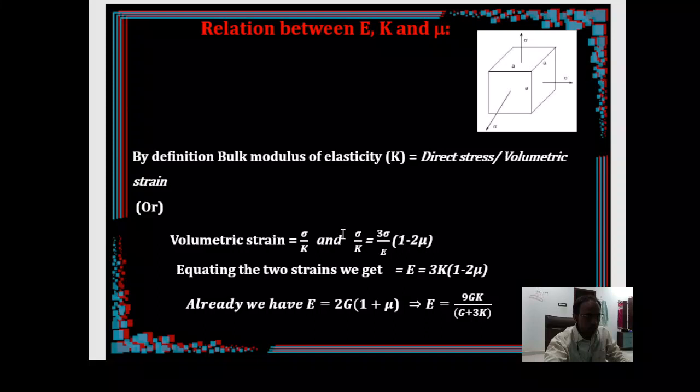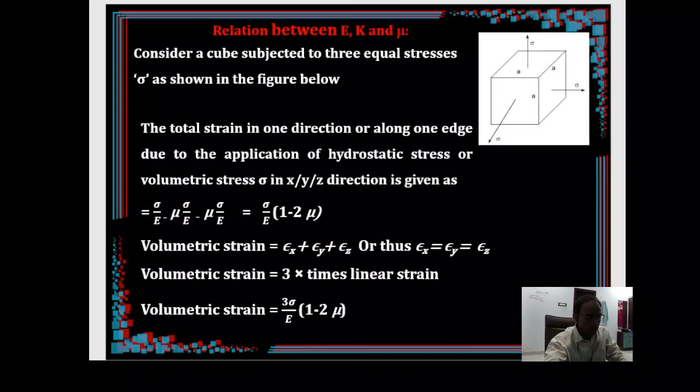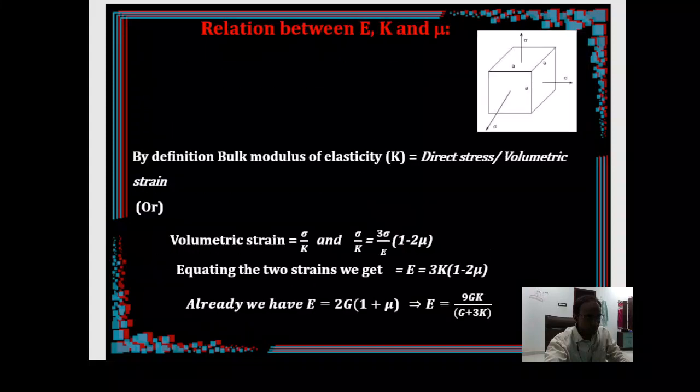So volumetric strain is equal to sigma by K, as I just told. So from this volumetric strain and the value which we calculated just before, 3 sigma by E times 1 minus 2 mu, now we can equate that to this volumetric strain.